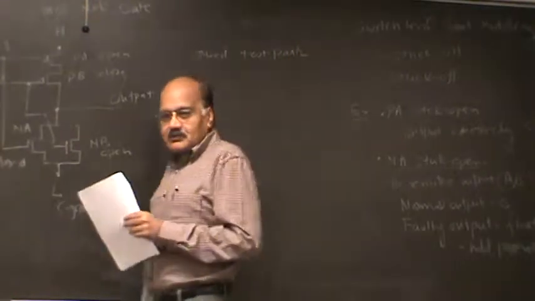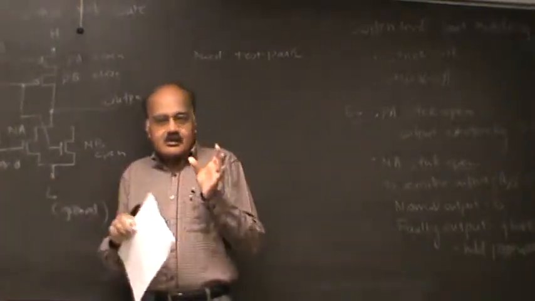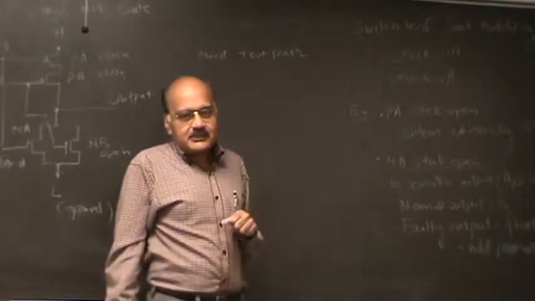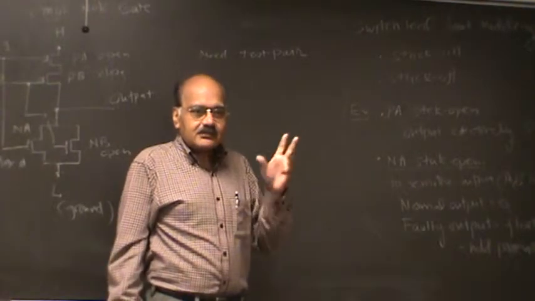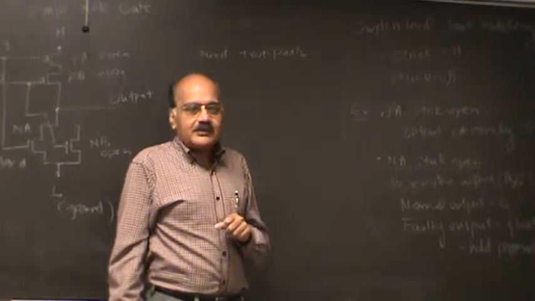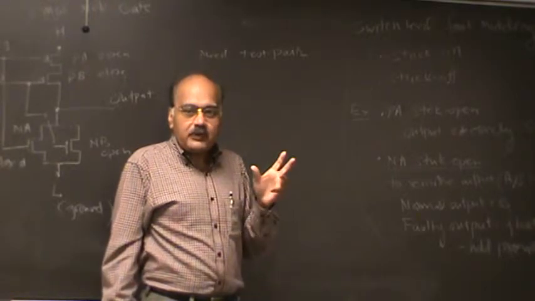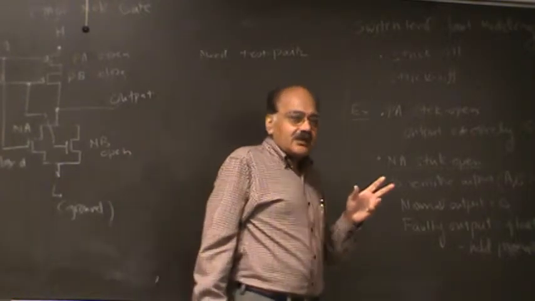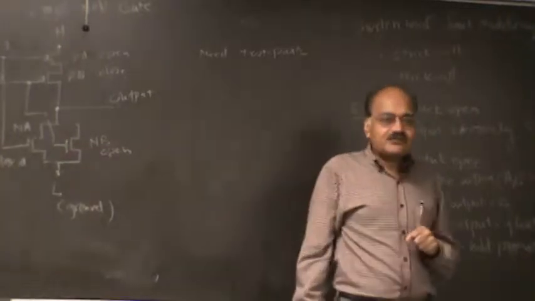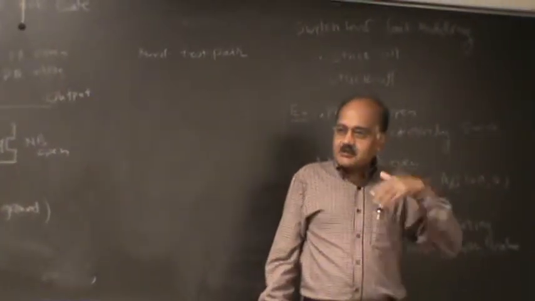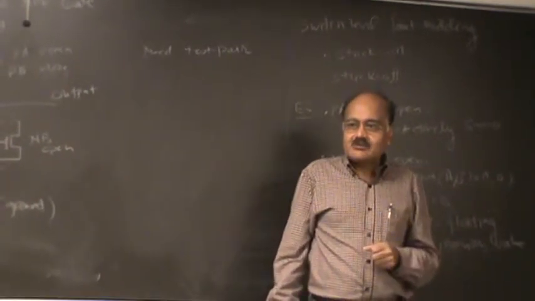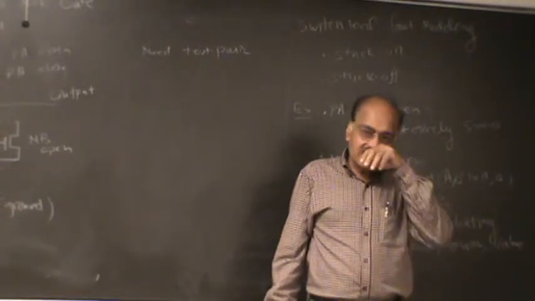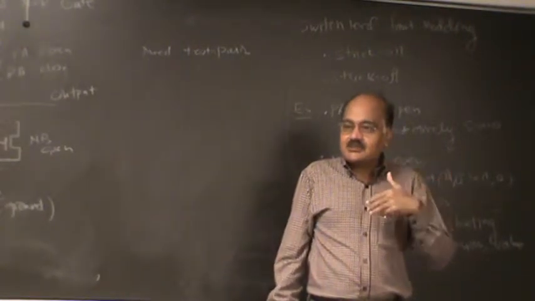Incidentally, this is a combinational circuit, just a combinational gate. But when you have this stuck open, it becomes sort of sequential. It remembers the past, so it develops some memory. And because of that, you need a test sequence.